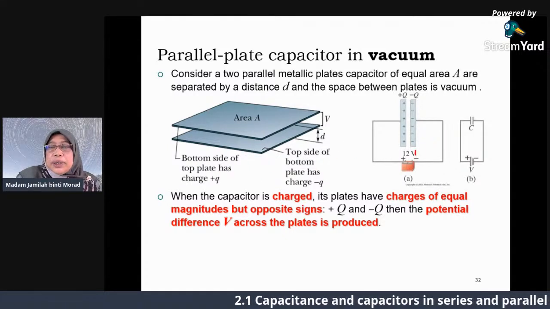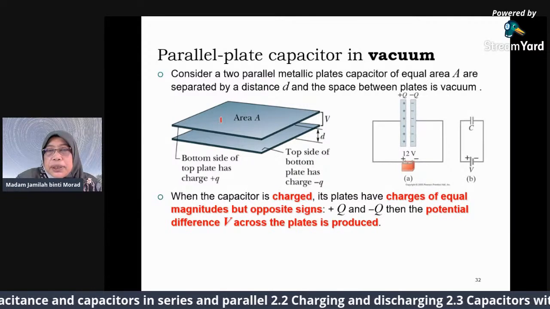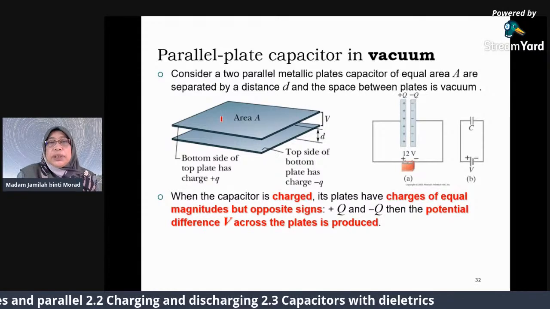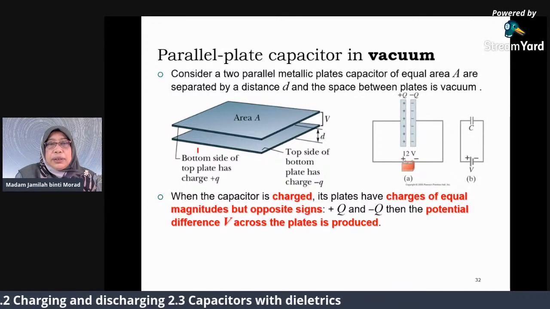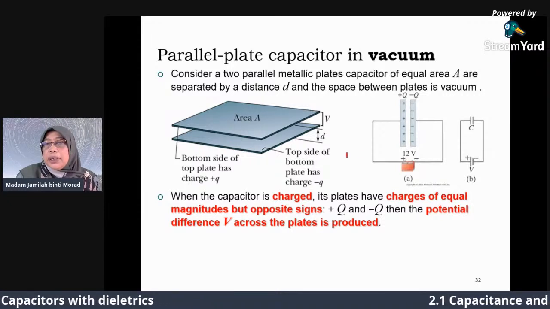You connect this capacitor to the battery, and then charge accumulates on each plate of the capacitor, depending on its terminal. The positive terminal gives positive charge. The negative terminal will have negative charge on it.